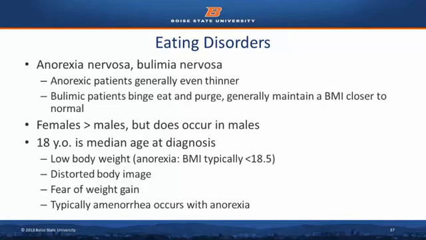Other characteristics that may be present include an obsession with food and exercise, poor self-esteem, control issues, perfectionism, eating rituals, extreme activity levels, overestimation of caloric intake, depression, inability to express emotions, suicidality, and other neuropsychiatric abnormalities may accompany eating disorders, so you need to be aware of that. As indicated on the slide, it is more common among females, but it does occur in males, so don't overlook that in your male patients as well.